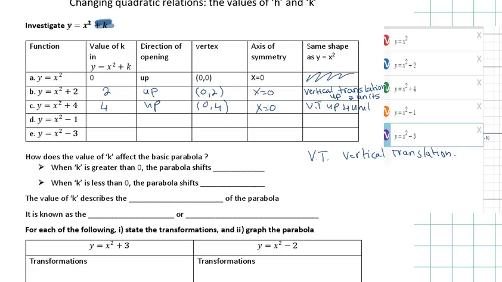When we're talking about vertical translation, we're actually taking the graph and moving the whole graph up. So all that's happening is that your y values are being added to. You're adding 2 to every single y value. You're not stretching, you're not compressing, you're just moving the whole graph as is, the x squared, up.